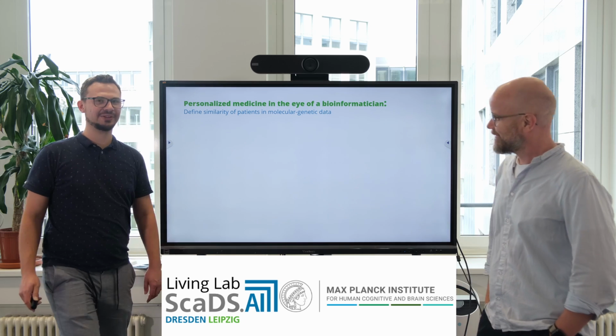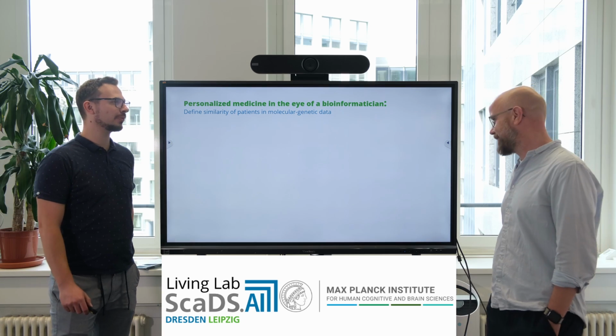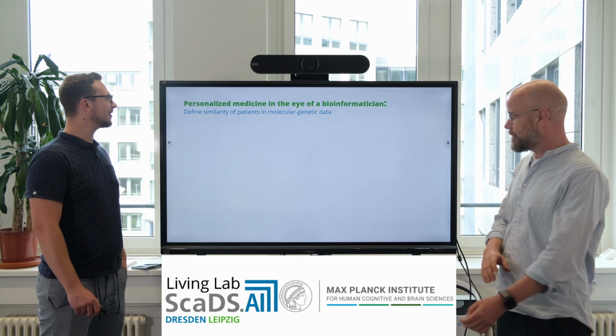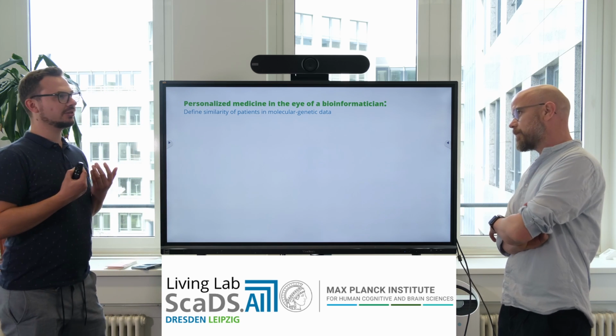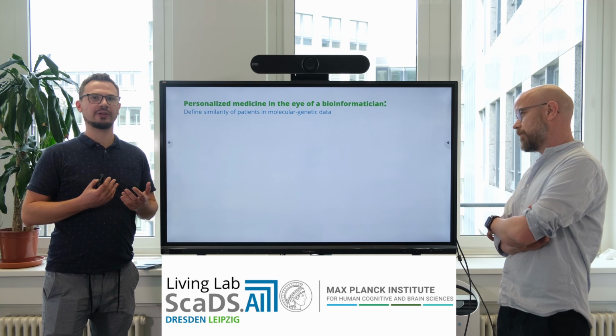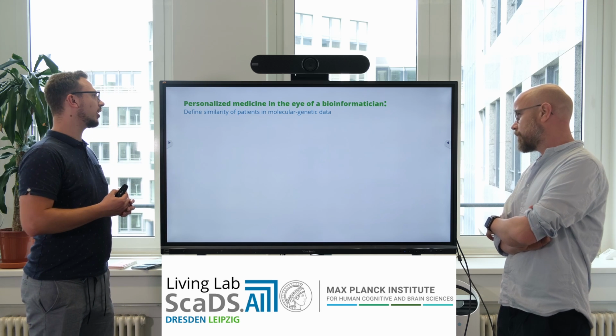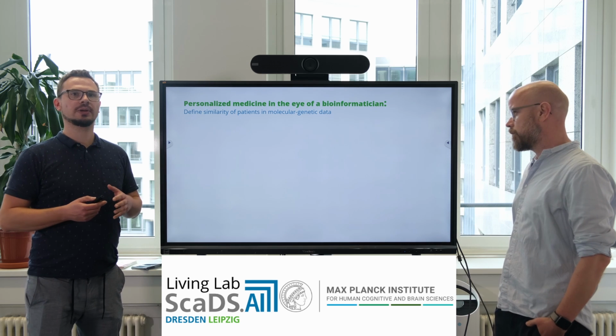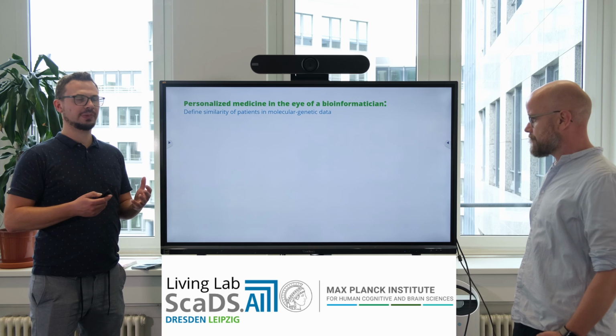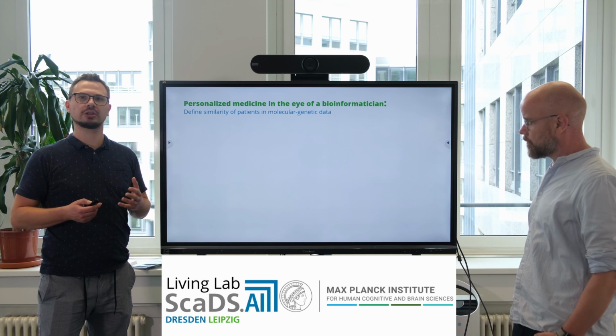Yeah. And thank you, Nico, for this nice overview about the concept of variational autoencoder. So what's now our perspective as bioinformaticians? We can think of personalized medicine as an example, where typically we have the aim to define similarity of patients based on molecular and genetic data.